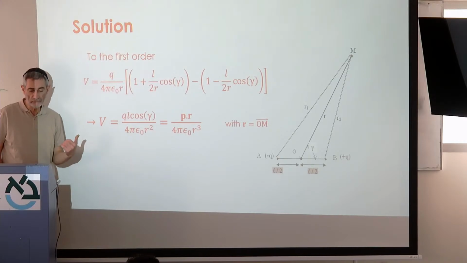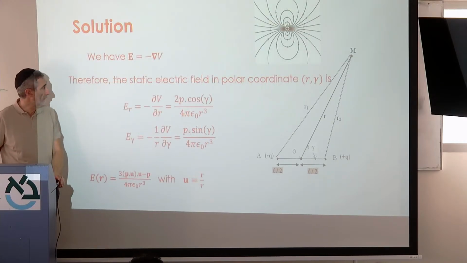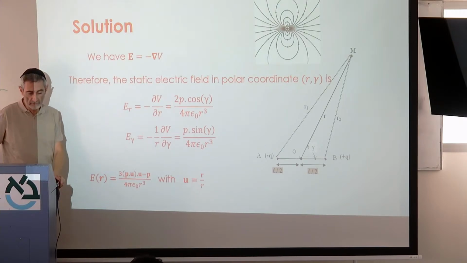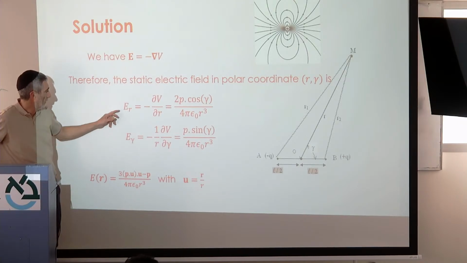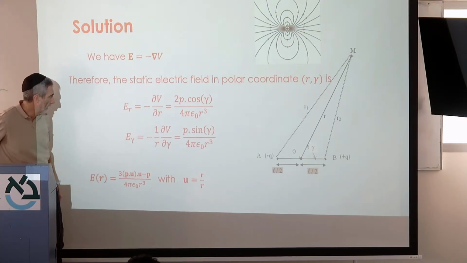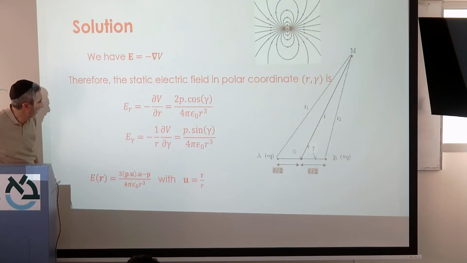Now, if you want to get the field, we know that in the static case, E is given by minus the gradient of V. You can calculate that in the polar coordinates r and gamma. I skip the calculation here.